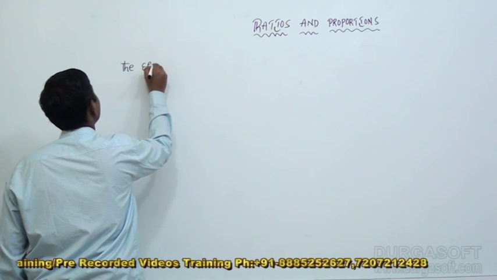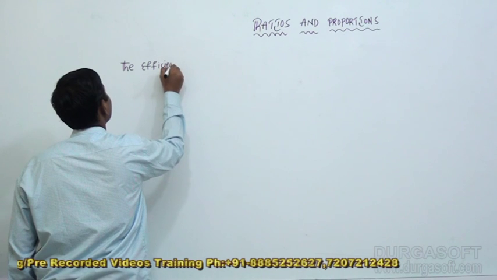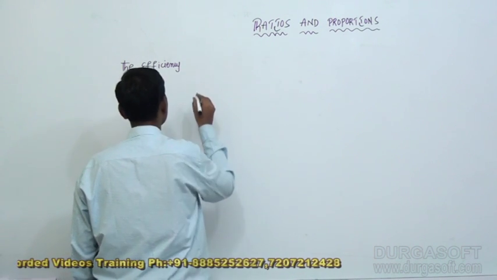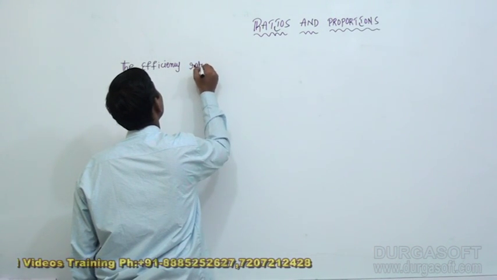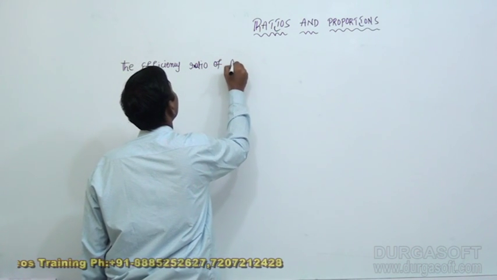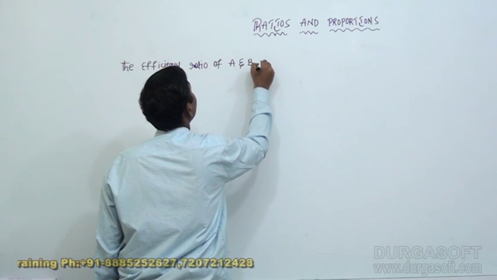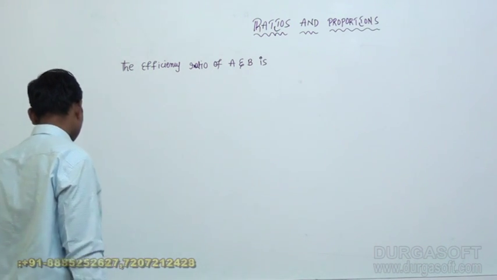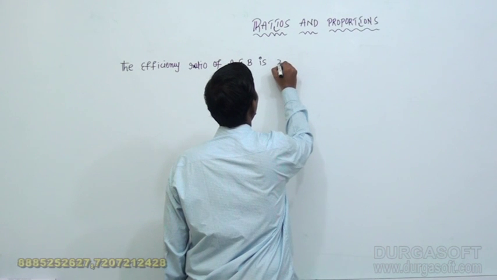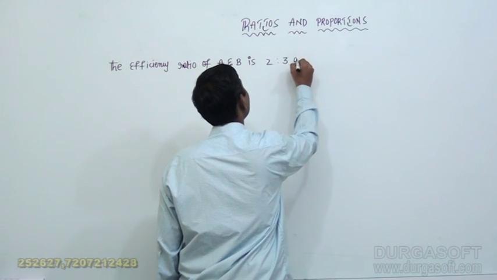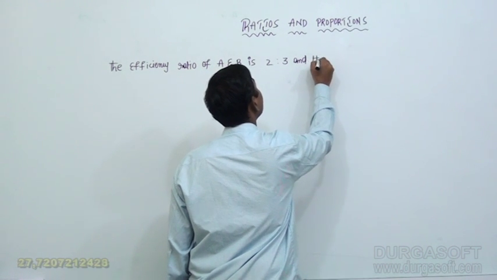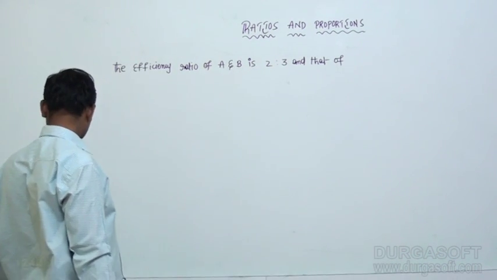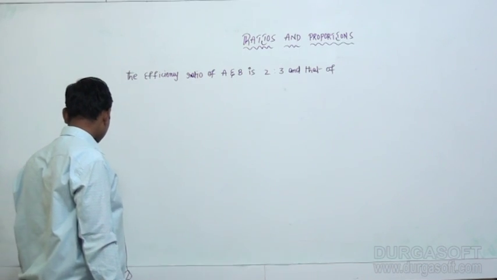The efficiency ratio of A and B is 2:3, and that of A and C is 2:1.